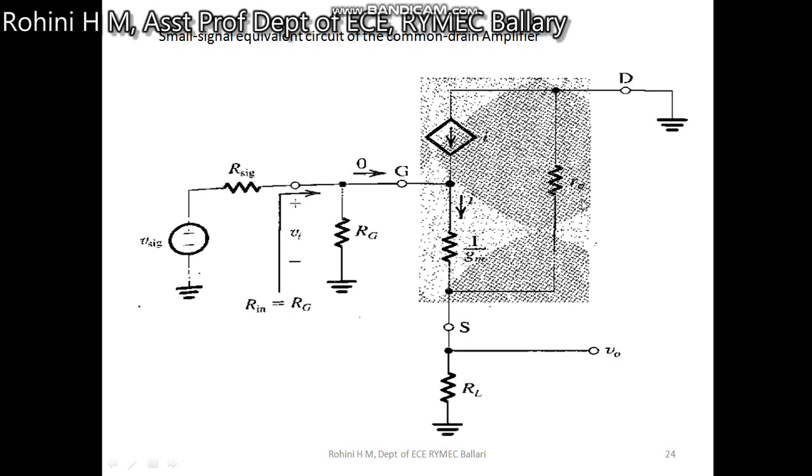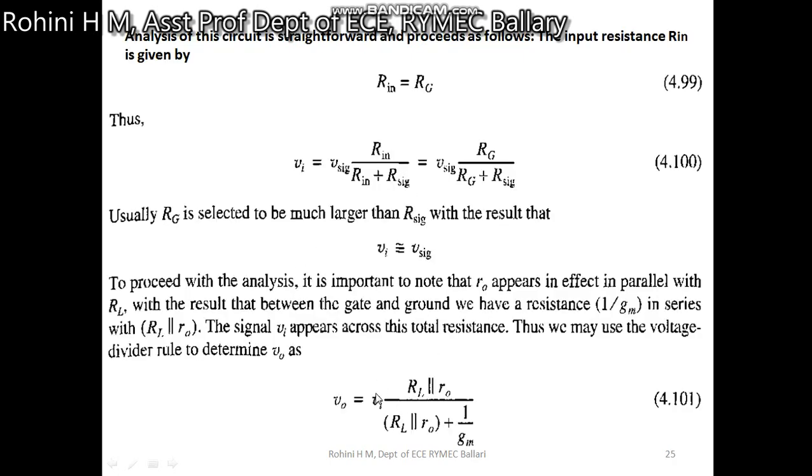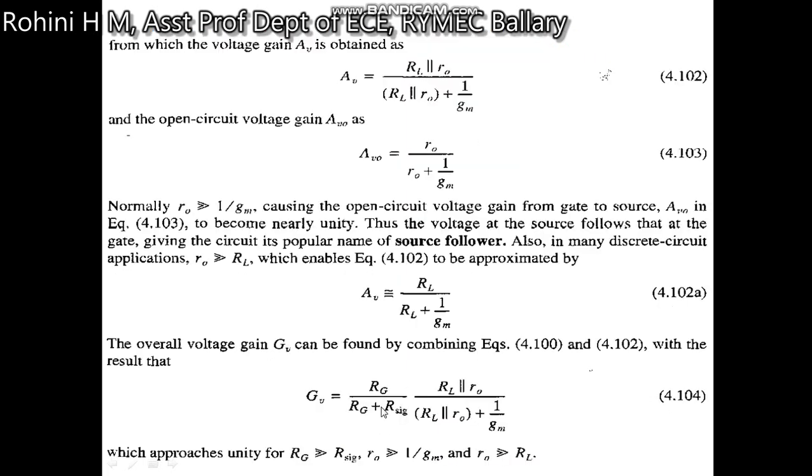Numerator: RL parallel with R0, divided by RL parallel with R0 plus what is the other resistance in series with this combination? 1 over Gm, times what is the total voltage that we are giving? V in. So look here, yes, we are getting V out equal to RL parallel with R0 divided by RL parallel with R0 plus 1 over Gm, times the total voltage, that is V in.